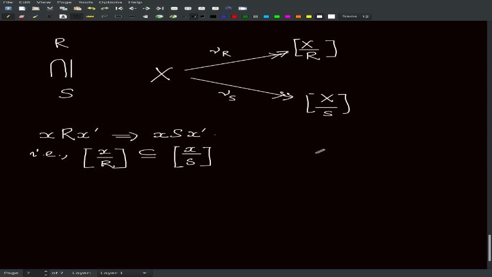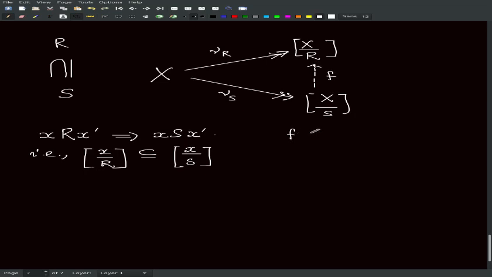So what can you say about, so therefore, since it is like this, I can define this map. I can define this map F. What will F do?